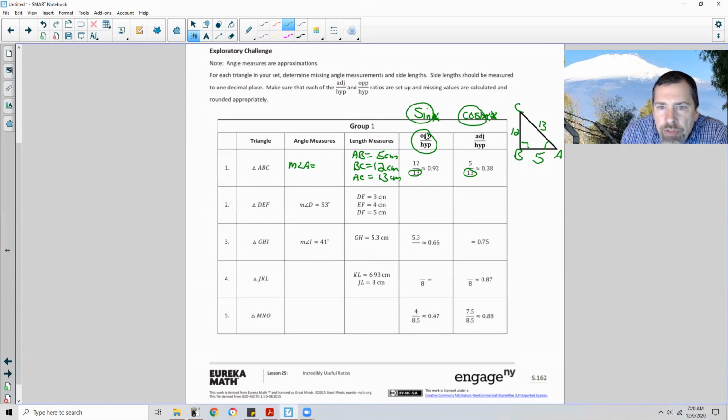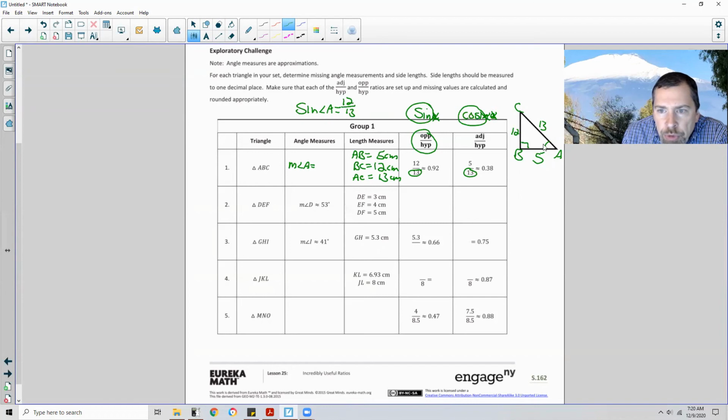Sine is the ratio opposite over hypotenuse. So the measure of angle A equals the sine of these. So the sine of angle A equals opposite over hypotenuse, which is 12 over 13.